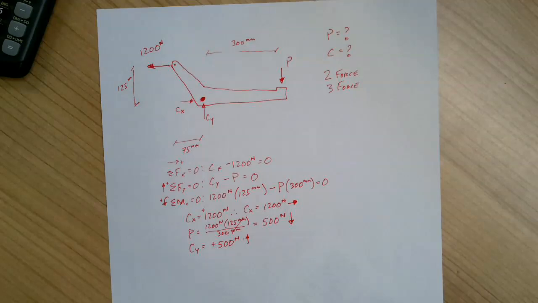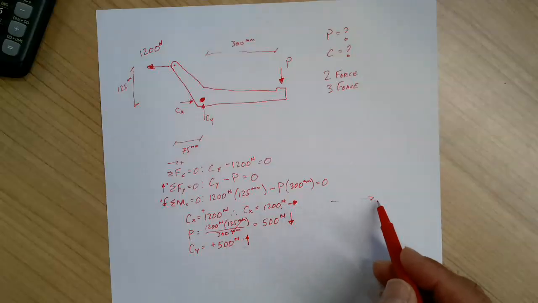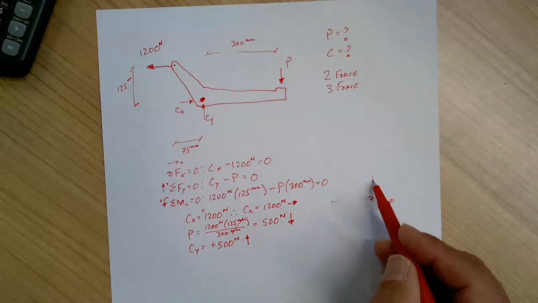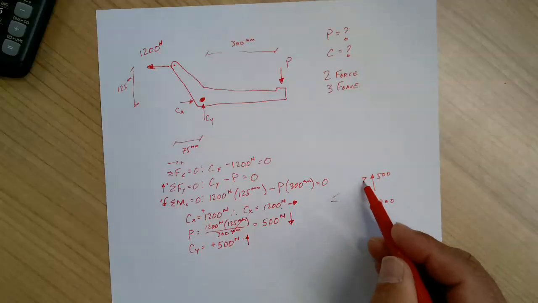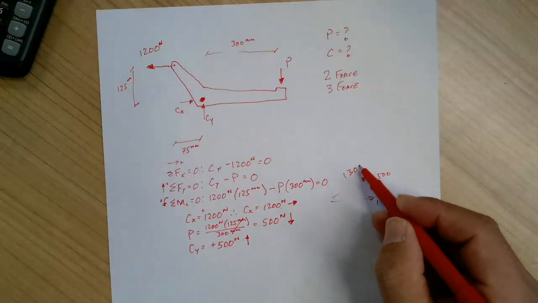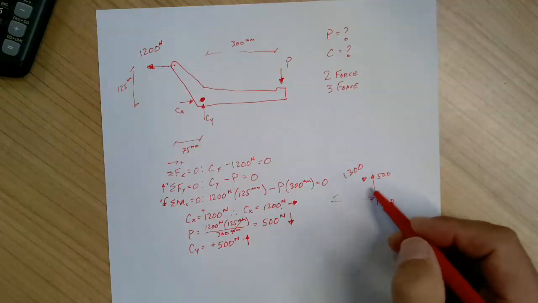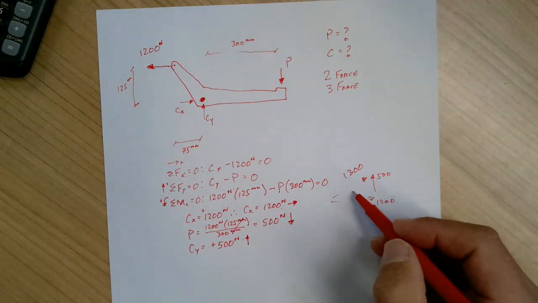If you need to solve for C, then it has two components, 500 and 1200. And it comes out to be 1300. 5, 12, 13 is another 3, 4, 5 sort of triangle. Comes out to be 1300.